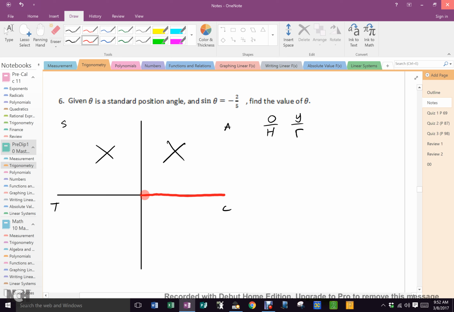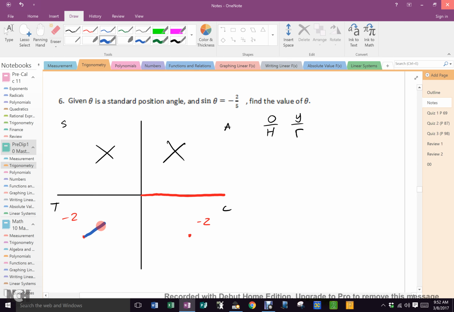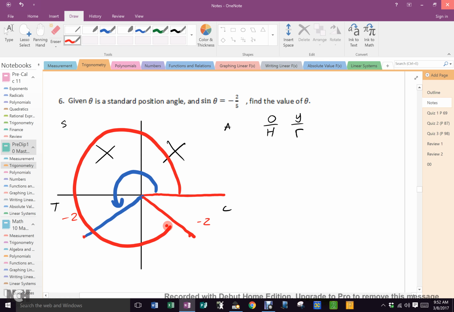Does it matter where I go on the x-axis? Not at all. All that matters is I drop down 2, and I draw this line. I'm going to use 2 different colors. There's that one, which gets me this, and there's that one, which gets me this. Everybody cool? Everybody understands?